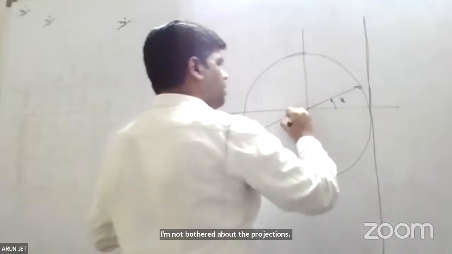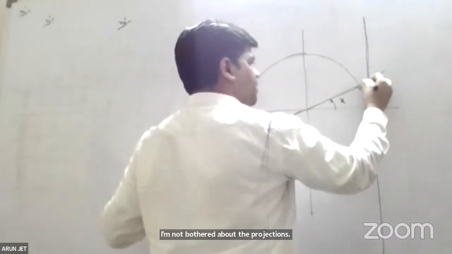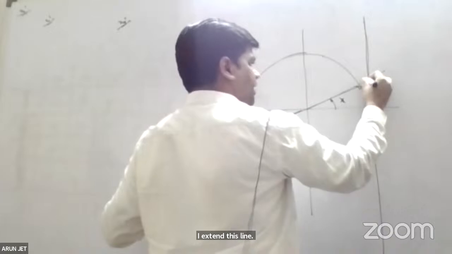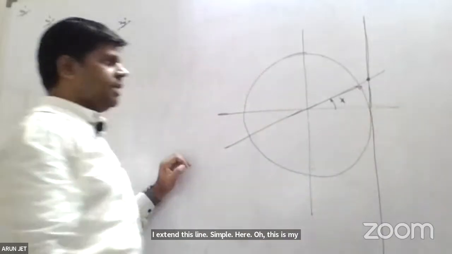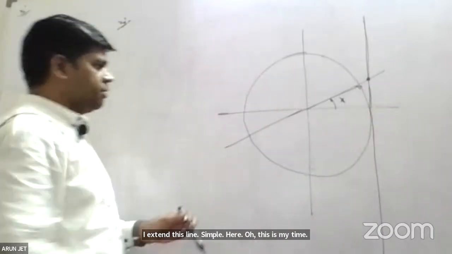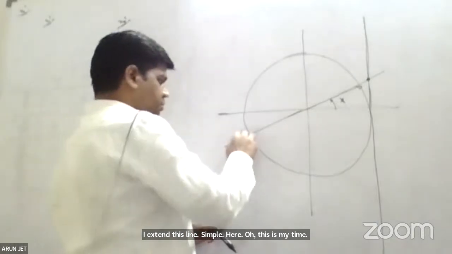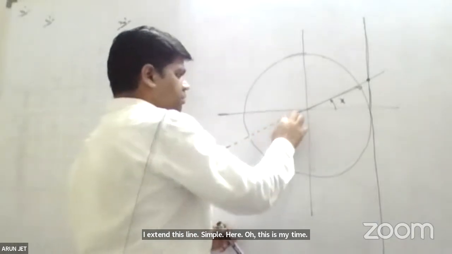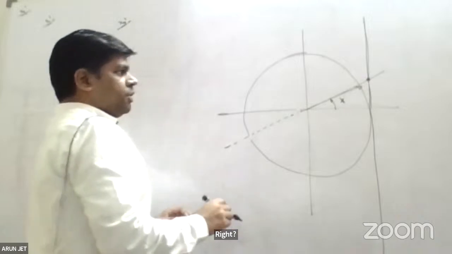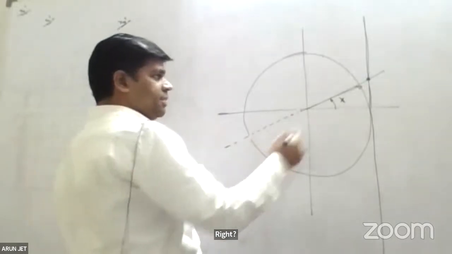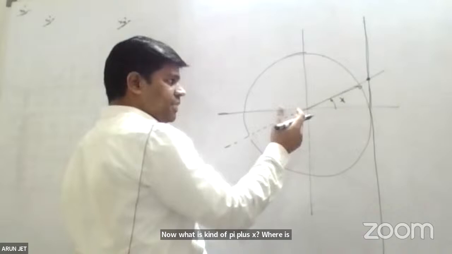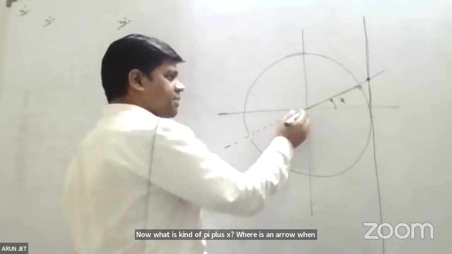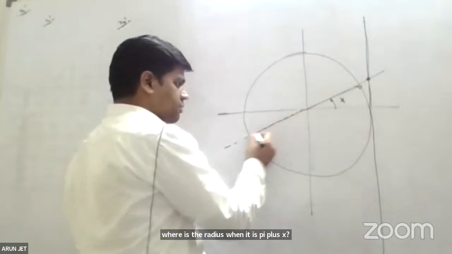I extend this line and it intersects over here. Now this is my tan, right? Now what is tan of pi plus x? Where is the radius when it is pi plus x? It is in this direction.